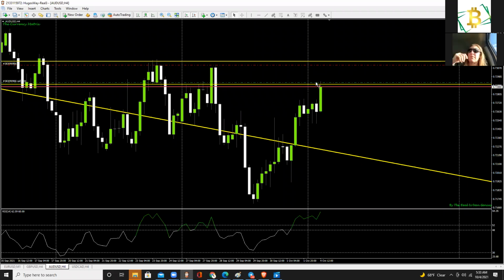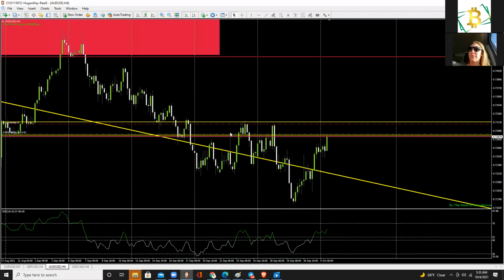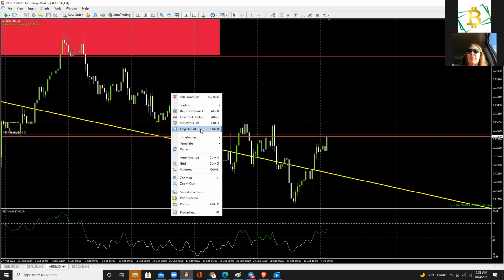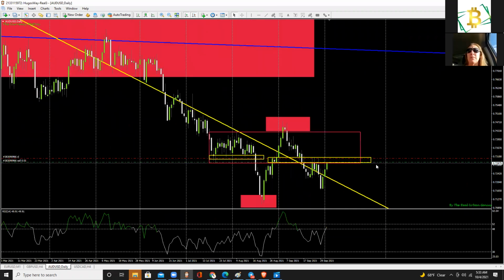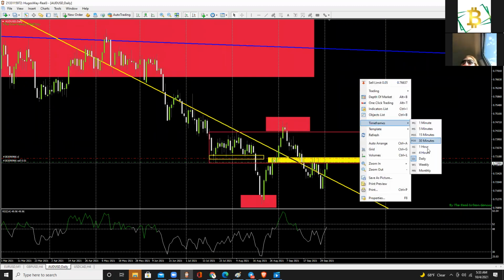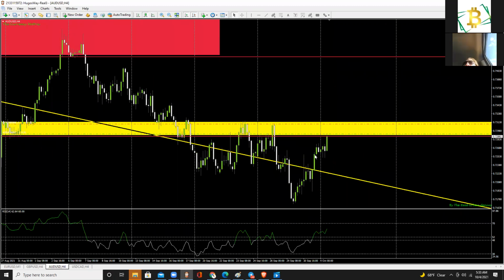So now again, we're here at the 4-hour chart. Off the daily, we analyzed that this level that we're currently at in real time is a resistance level. Here at the 4-hour, as you see, that level is being resisted and tested at the current moment.